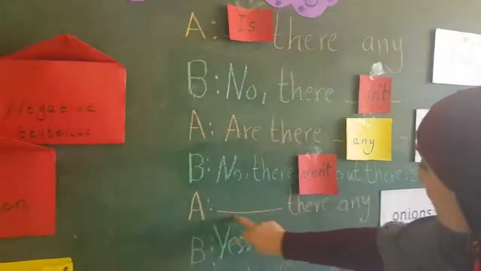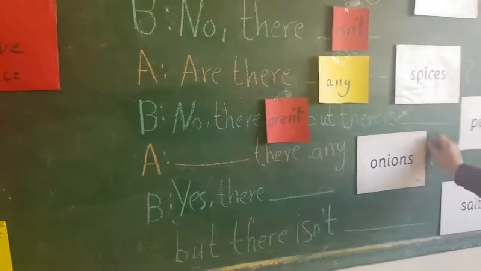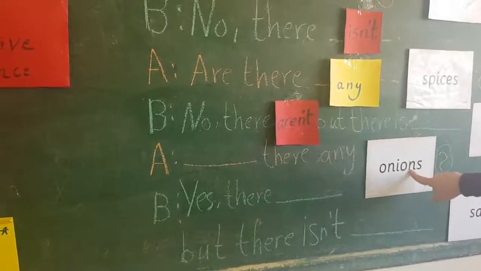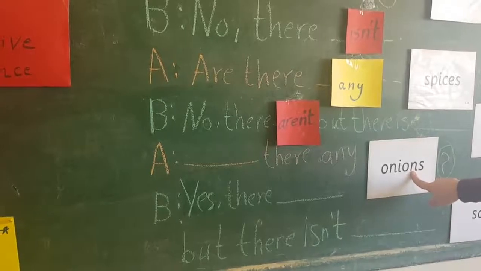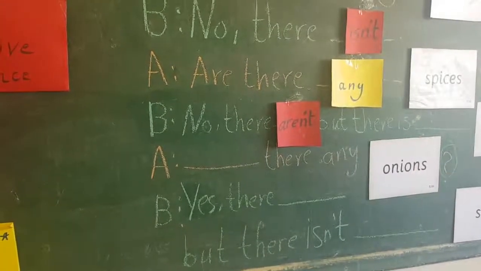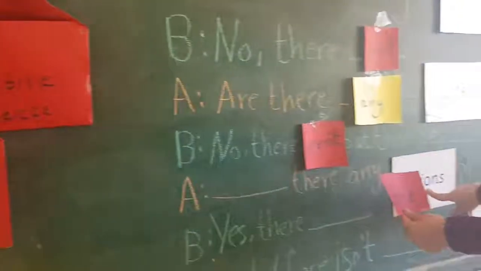Now here, فراغ there any onions. Question. It's a question. Onions. Singular or plural? Plural. Yes. Countable or uncountable? Countable. So, come here. Come to countable noun. What is here? R. Because onions is plural and countable.